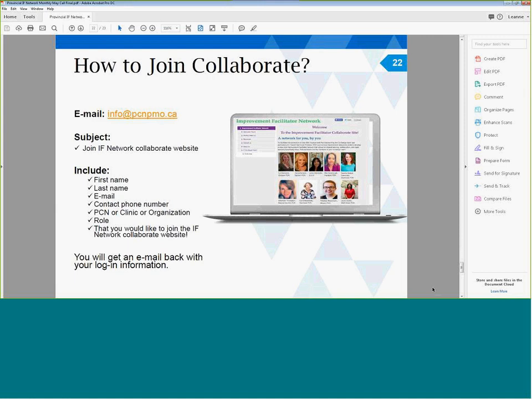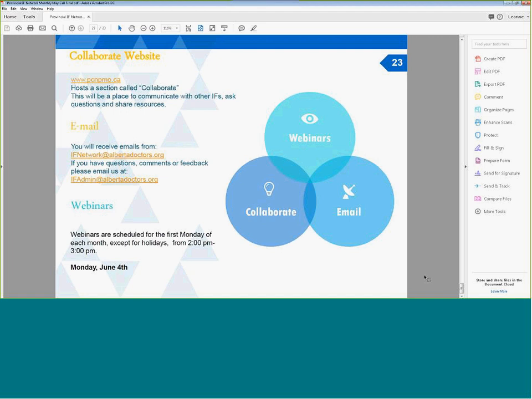You'll get an email back with your login information. If you're having problems with that, info@pcnpmo.ca will get you help. On our website, there is a section called Collaborate. This is where we will place communication with other IFs, ask questions, and share resources. There's also the discussion part of that website where you can ask questions to the group.